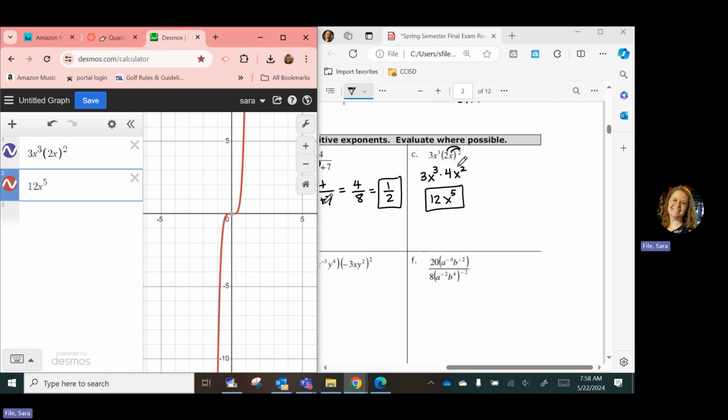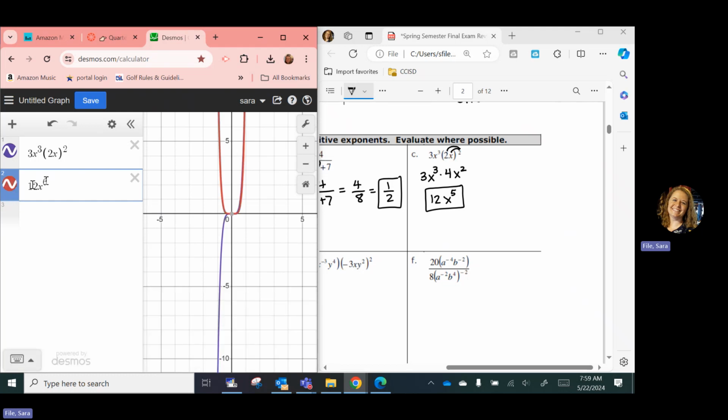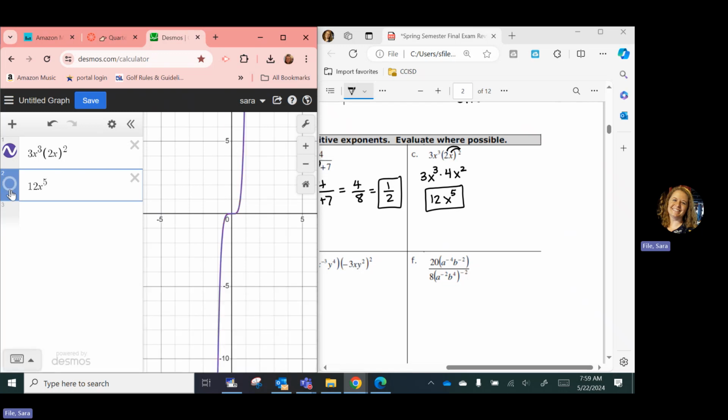If I had accidentally, say, thought that I should have multiplied those powers, and I had said to the 6th power, you would see I get a different graph. Okay, that's not the exact same graph. So I did something wrong. Okay, but if you have simplified it correctly, you should have the exact same graph. So again, you can work backward from your answer choices.